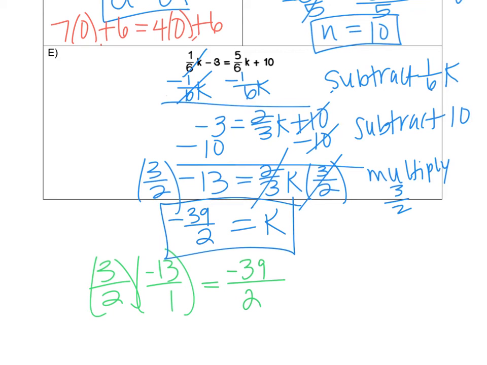And you could leave it as a fraction or turn it into a decimal. So -39 divided by 2 would be -19.5. Alright, so this is one we could definitely check. You could plug in this answer for k and make sure that the left side equaled the right side, and you know that you did it correctly.